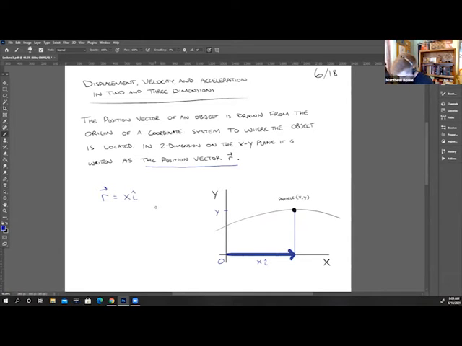And next up, the position vector is x i hat plus y j hat. So I'm basically just adding two vectors together.